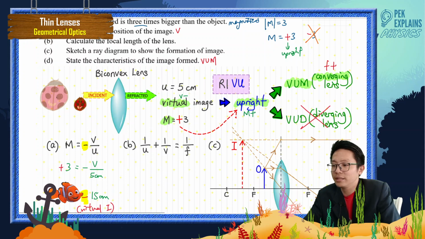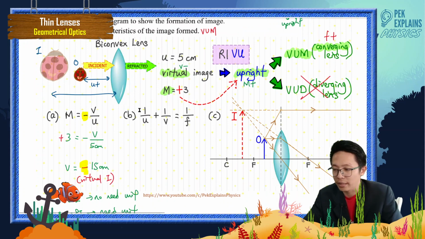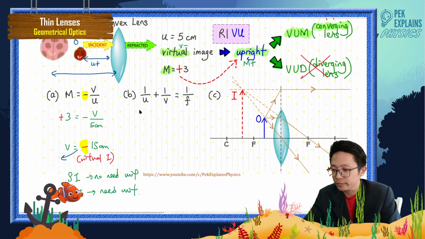You see here, this is my object, and this is my image. u is of course positive, because it's the same side as incident ray. But my image distance must be compared with refracted ray. My image is formed here, opposite to refracted ray. v negative means opposite to refracted ray.